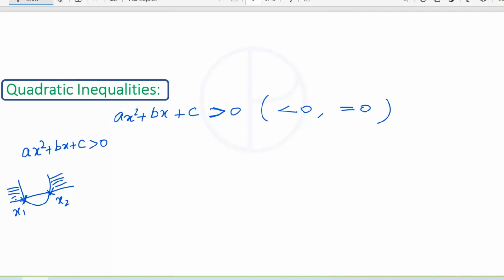The solution will then be x less than x1 or x greater than x2.